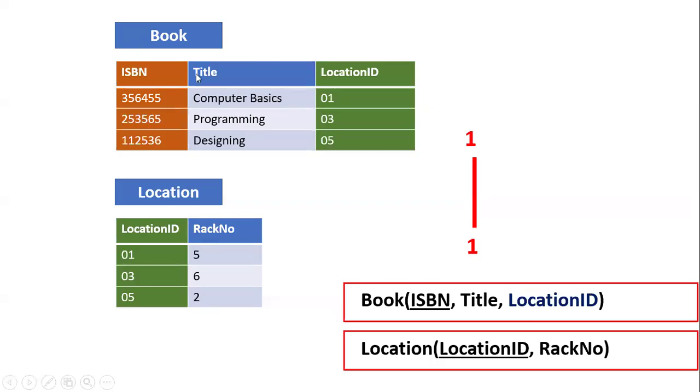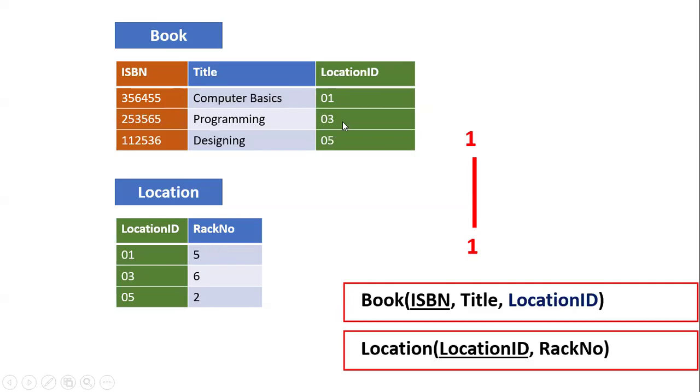You don't have to draw tables in this way, because this is not the way we're going to follow to develop tables in a logical diagram. This data is given only for your understanding. So children, you can see by just referring to the data, computer basics, location ID 1, rack number 5.